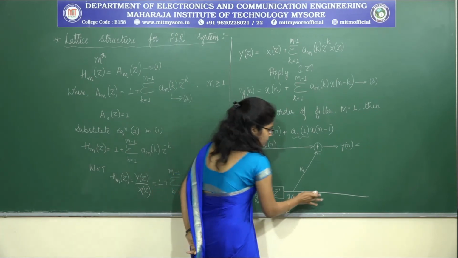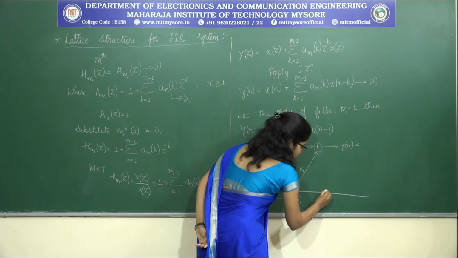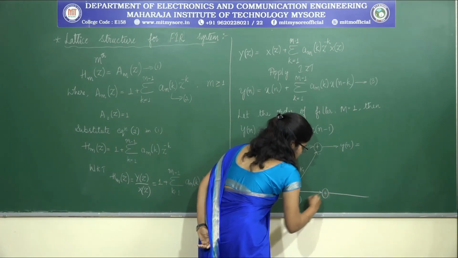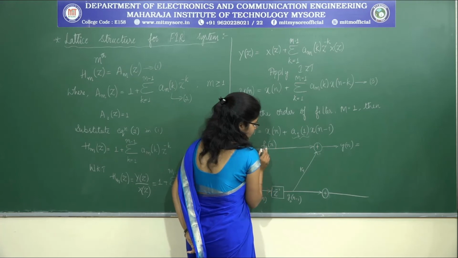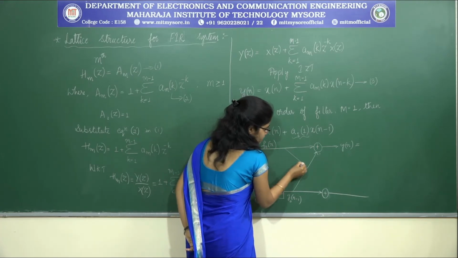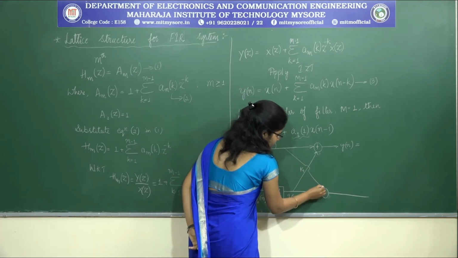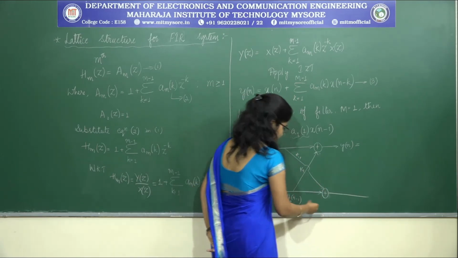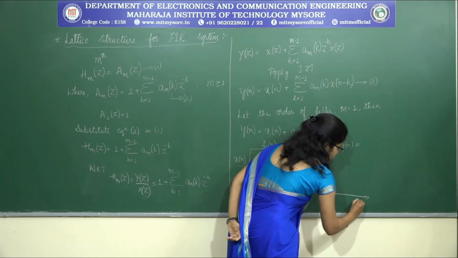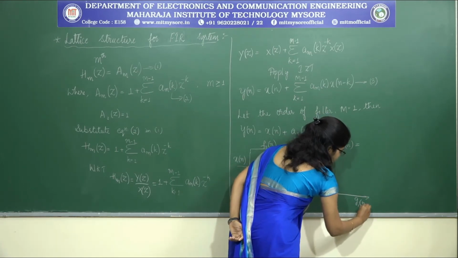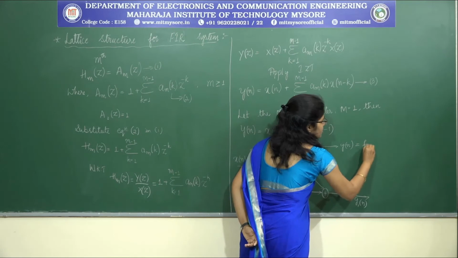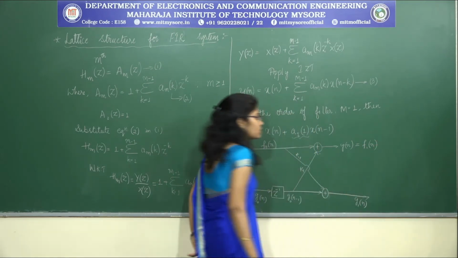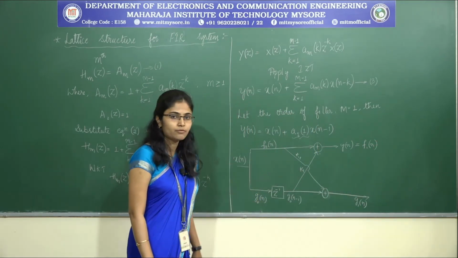Let us give g0 of n minus 1 to a summing point. Then let us multiply f0 of n with k1 and give it to the summing point. Here we will get g1 of n, and here let us take the variable as y1, y1 of n equal to f1 of n.